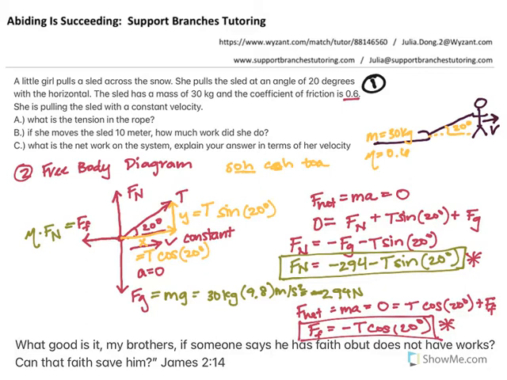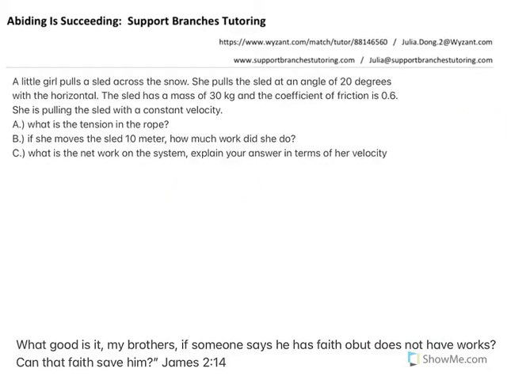So the force of friction equals negative tension cosine of 20 degrees. And we also know that the force of friction equals mu times the normal force. And so this is where that second equation is going to come in.